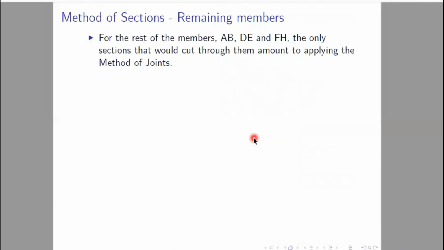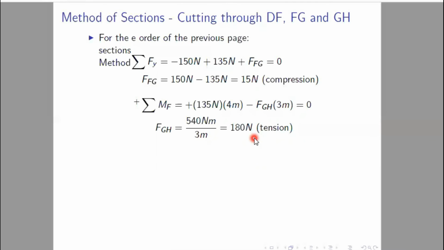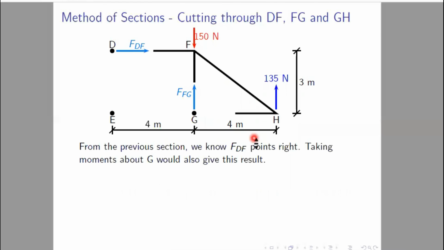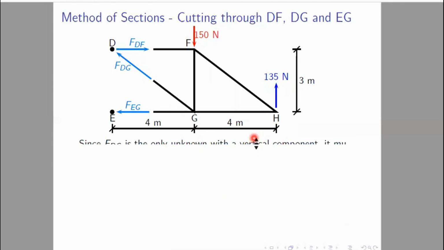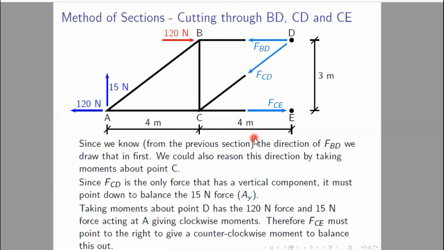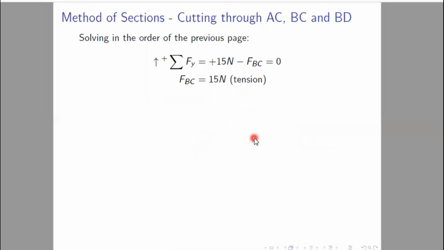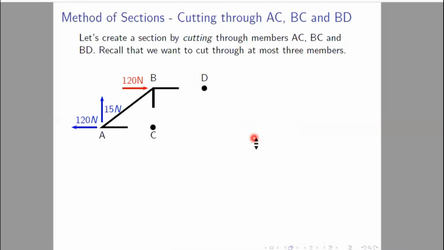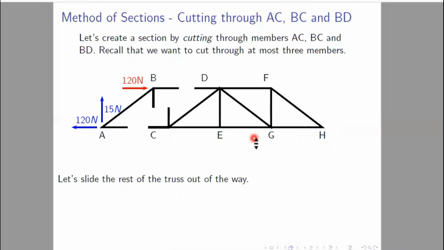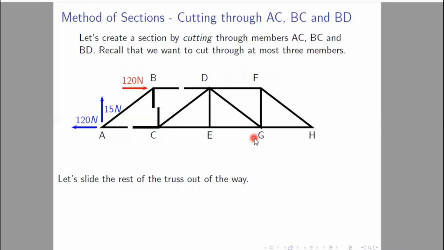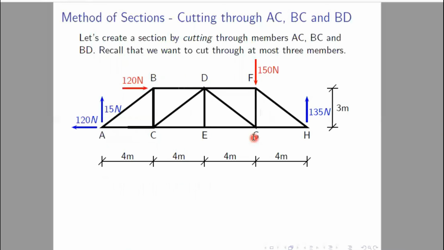Now the rest of the members, AB, DE and FH, we can easily solve for. If we go to the previous, our original truss, we can see that. So this was our original truss. First we have taken a section through this.